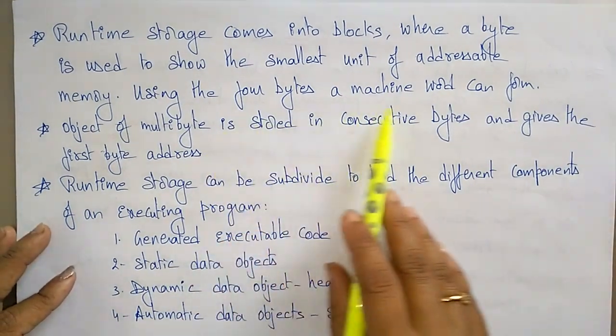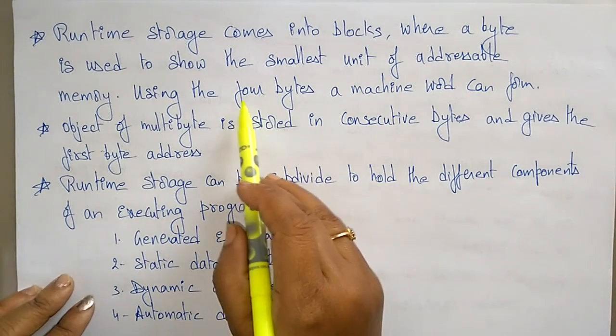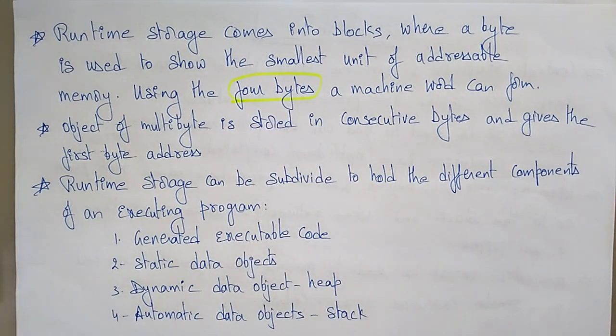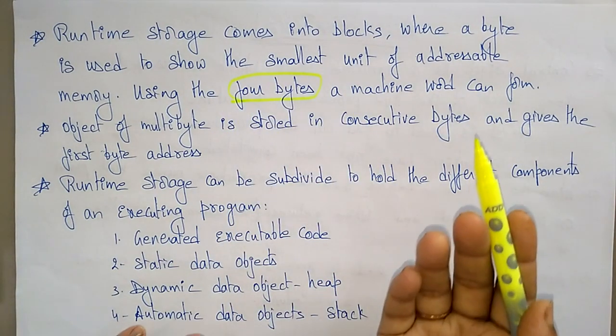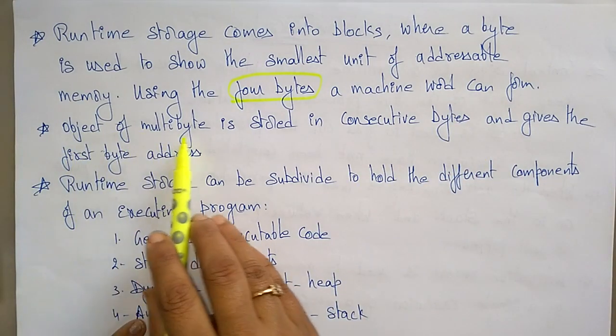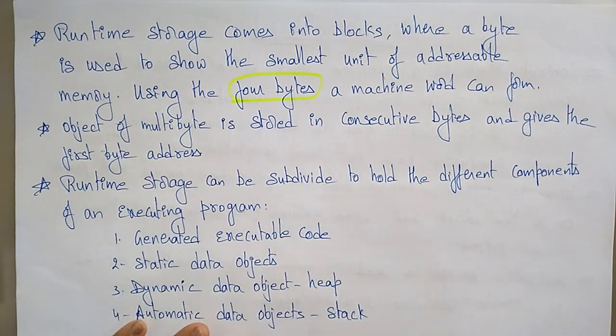Using 4 bytes, a machine word can be formed. A machine word is nothing but ones and zeros. An object of multiple bytes is stored in consecutive bytes and is given the address of the first byte.